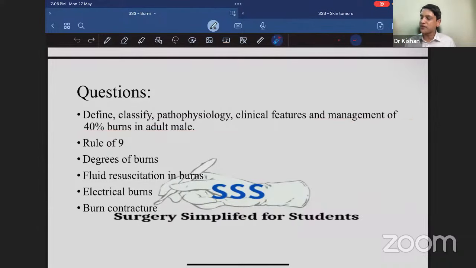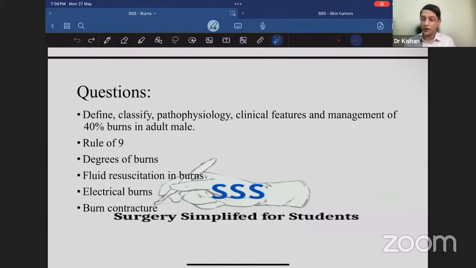They have specifically asked management of 40% burns, 50% burns, and 60% burns. And a very important and fascinating topic in burns is the rule of 9 that we are going to learn today. What are the degrees of burns? What are the first degree, second degree, third degree, fourth degree burns?